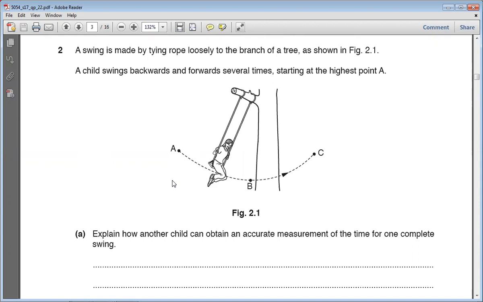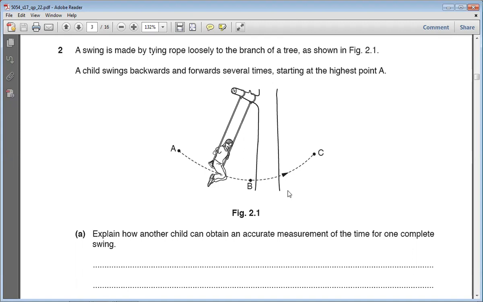So what you can do when she has started swinging, let her have 2, 3, 4 swings. When her swings become smooth, then when she is in the middle position, in this mean position, start counting, start a stopwatch. Okay, so then time 5 swings. On the stopwatch, note down how much time it takes to complete 5 swings.